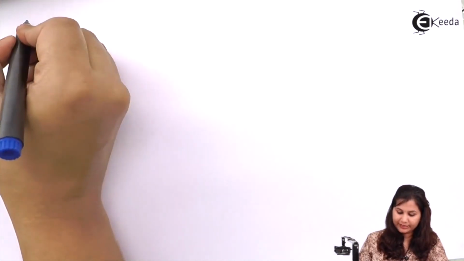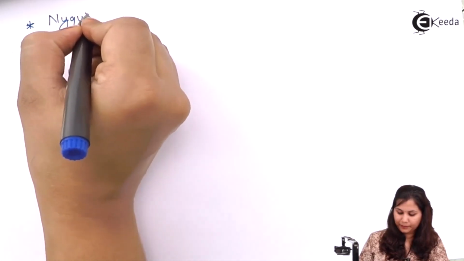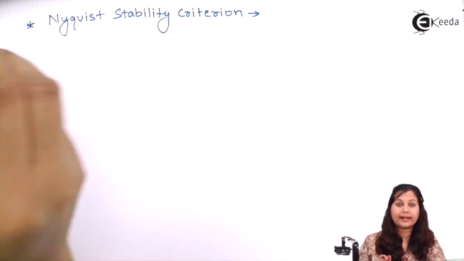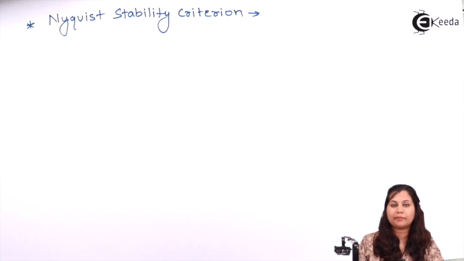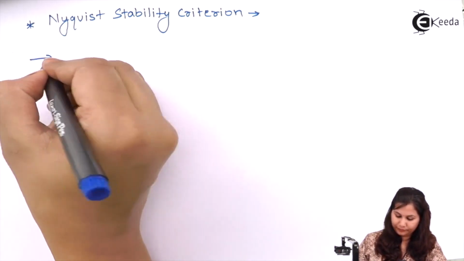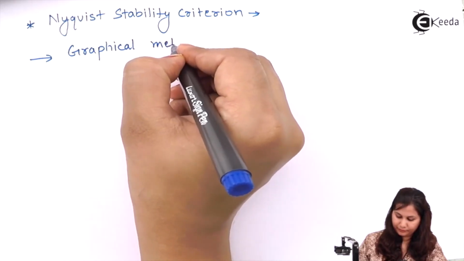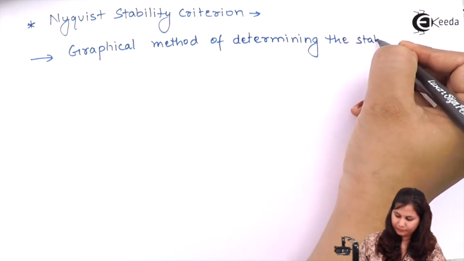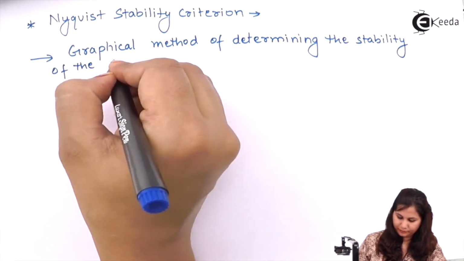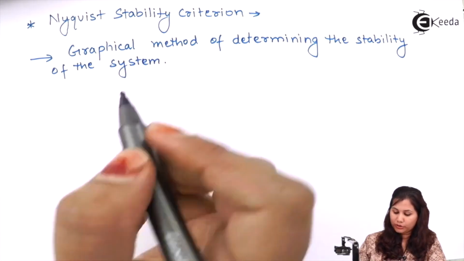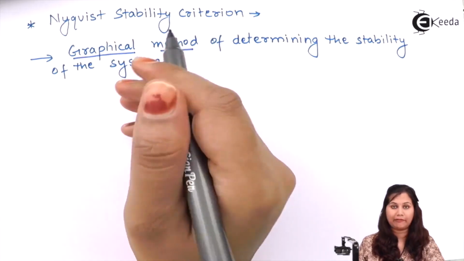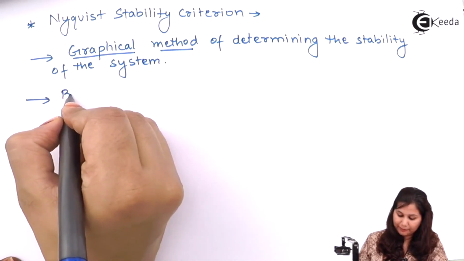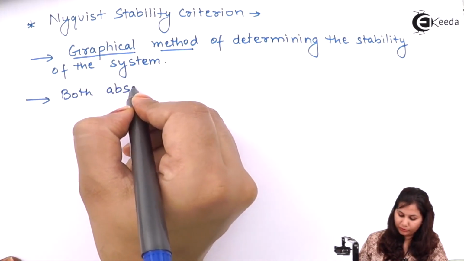The Nyquist stability criteria is a graphical method of determining the stability of the system, and both the absolute and relative stability can be found out.